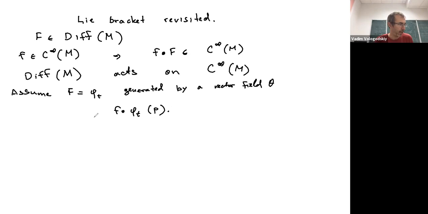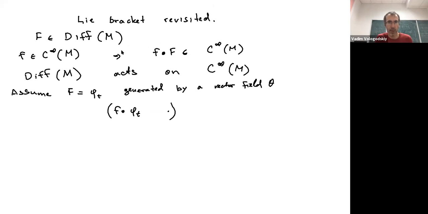And as usual, when we have a family, we can take its derivative. So let's consider this as a family of functions, a function defined on M times R, or an open subset of that.